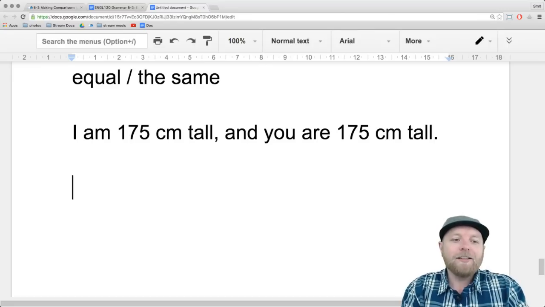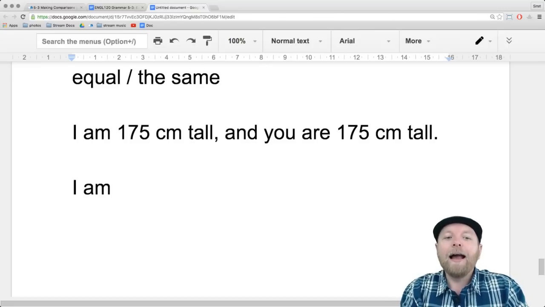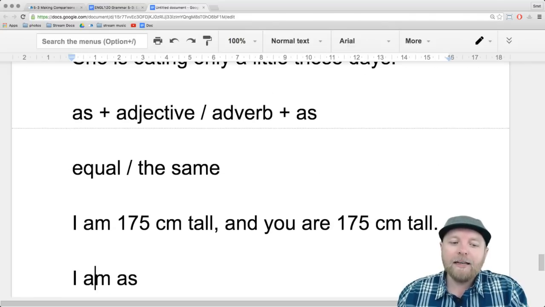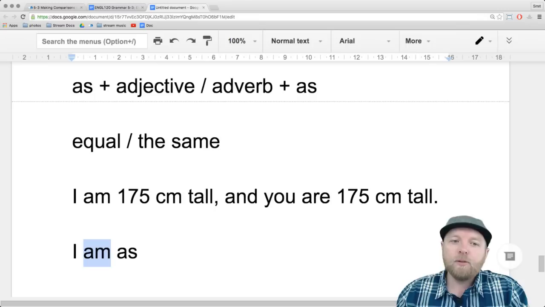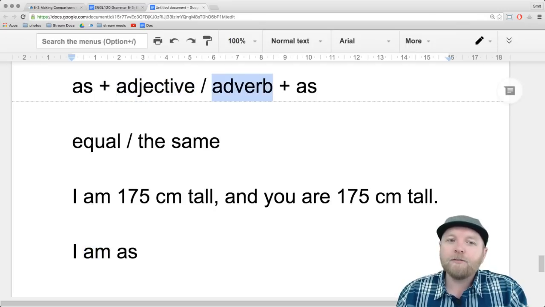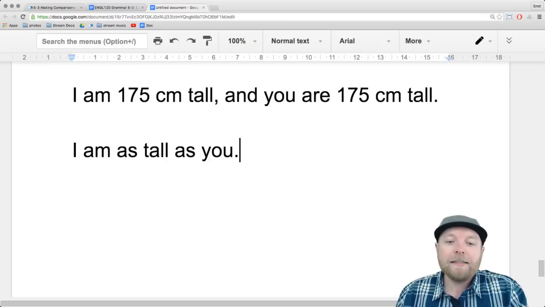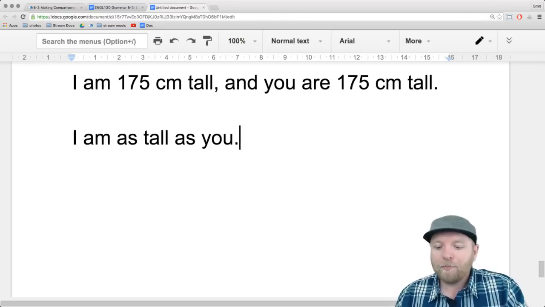So we can do "I am as...", right? "I am as", okay, this is a linking verb, right? So do we use an adjective or an adverb? Well, we use an adjective, right? I am as tall as you. Understand? I am as tall as you.